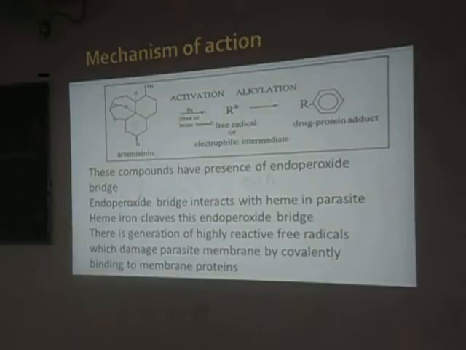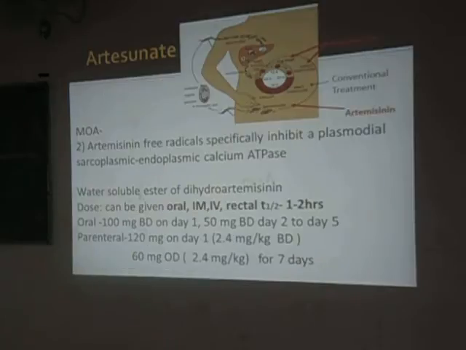Once the bridge is broken down, you get a lot of small particles. These small particles are the free radicals, and these free radicals cause the injuries. Heme iron cleaves the endoperoxide bridge. There is generation of highly reactive free radicals which damage the parasitic membrane by covalent binding with the membrane proteins. So free radical, electrophilic intermediate, all these things are involved.